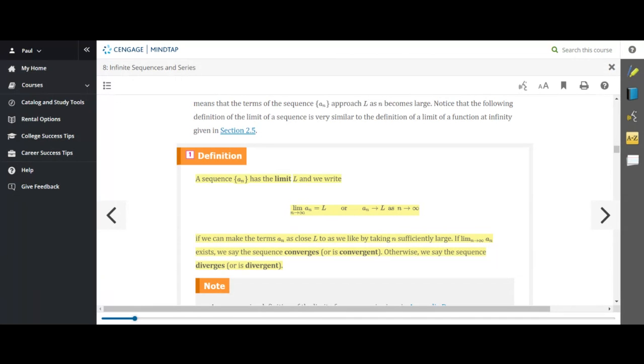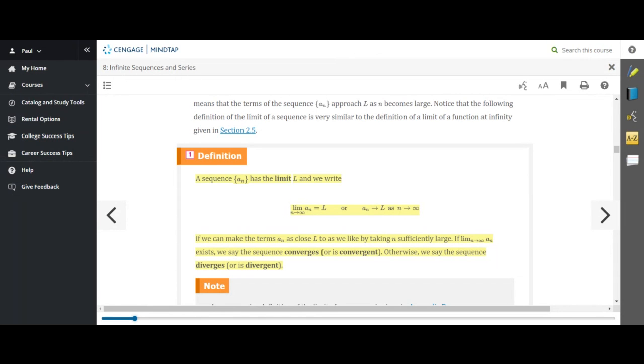Well, okay, the sequence has a limit if, and this is how you denote it, you say the limit of the sequence as n approaches infinity equals L, or the sequence goes to the limit L as n goes to infinity.